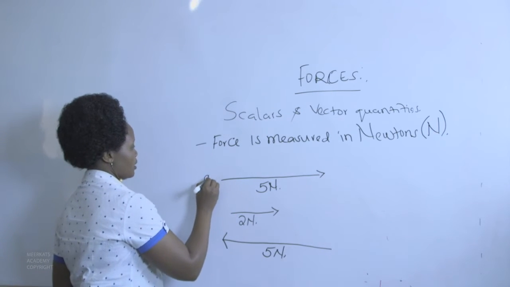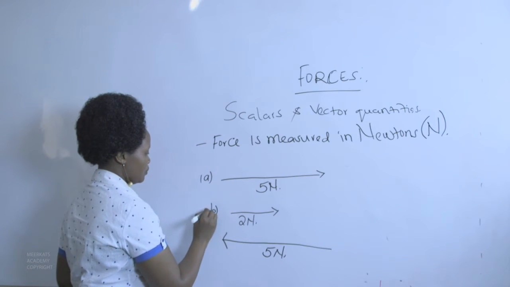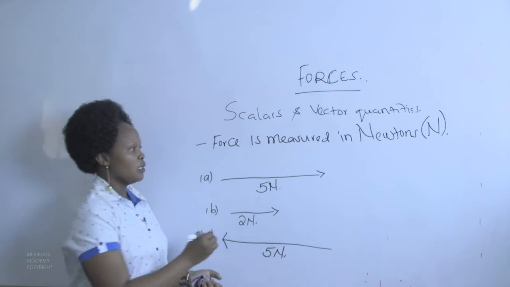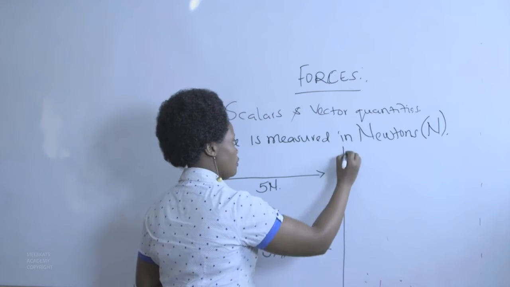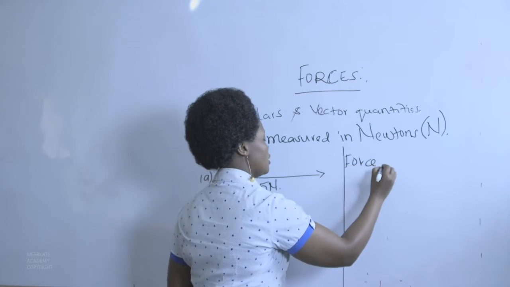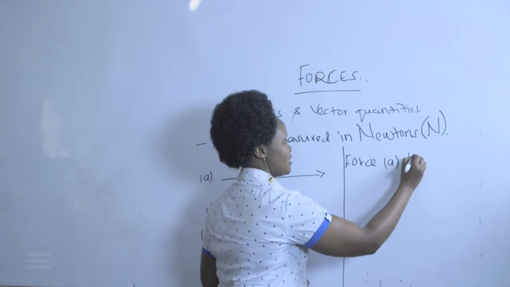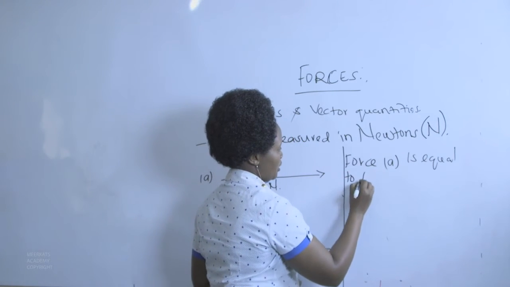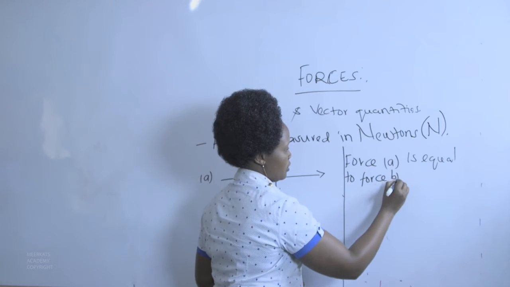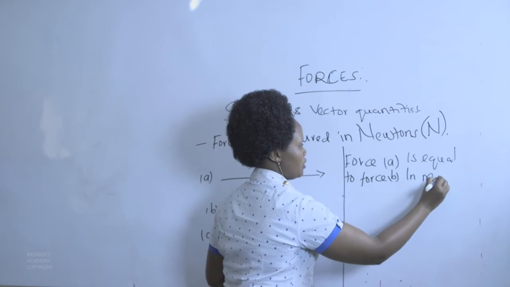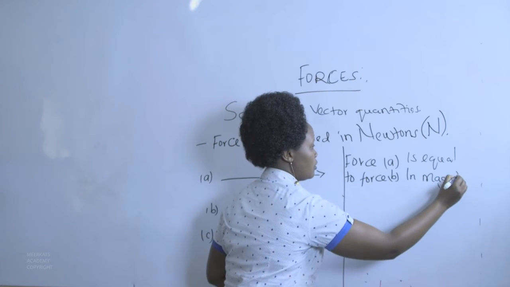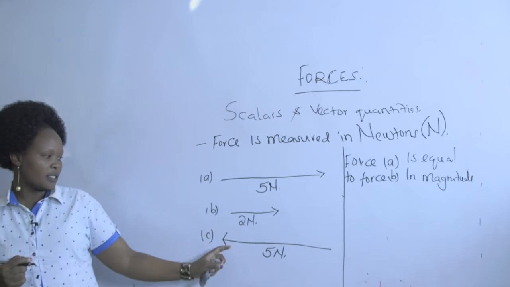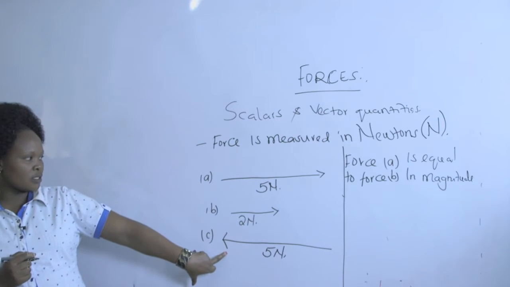Let us do some labeling. So now our force A is equal to force B in magnitude. But look at the direction of action of the two forces.